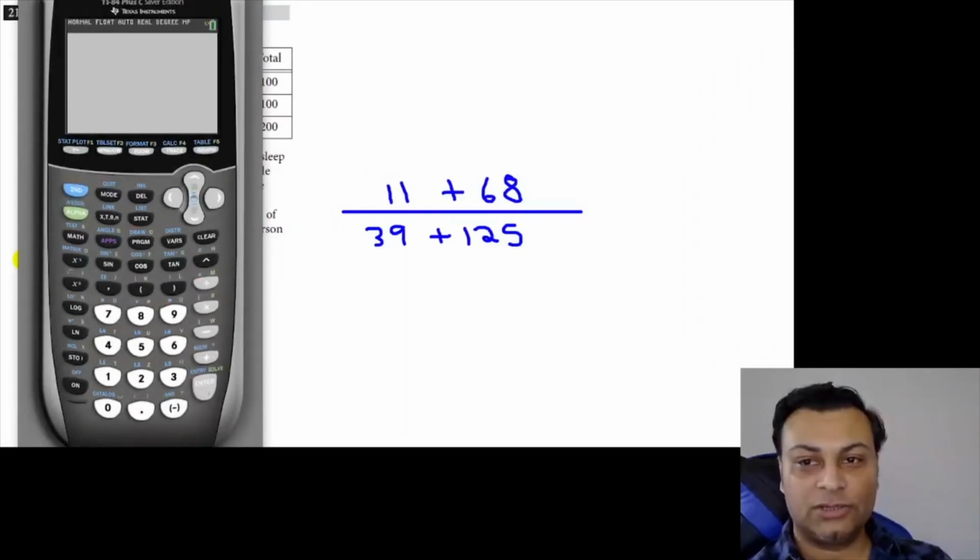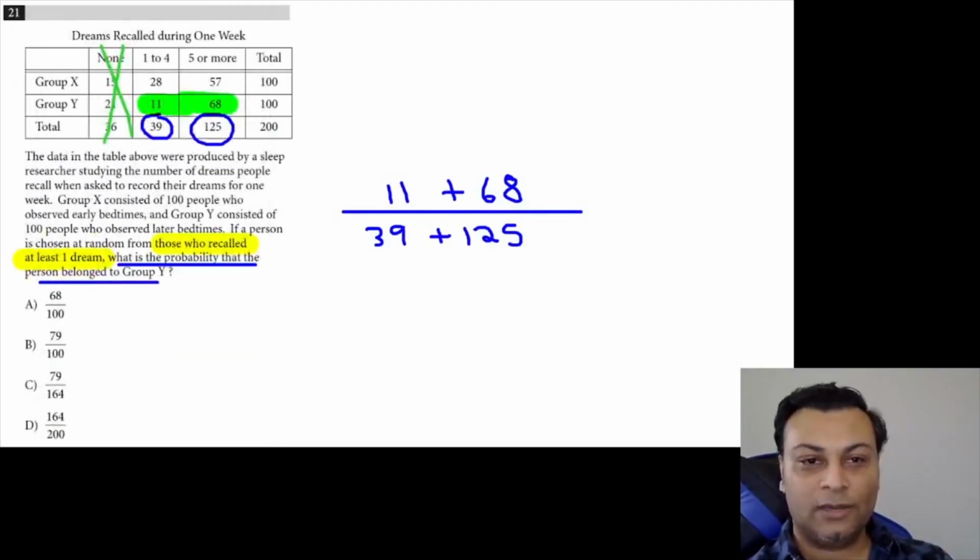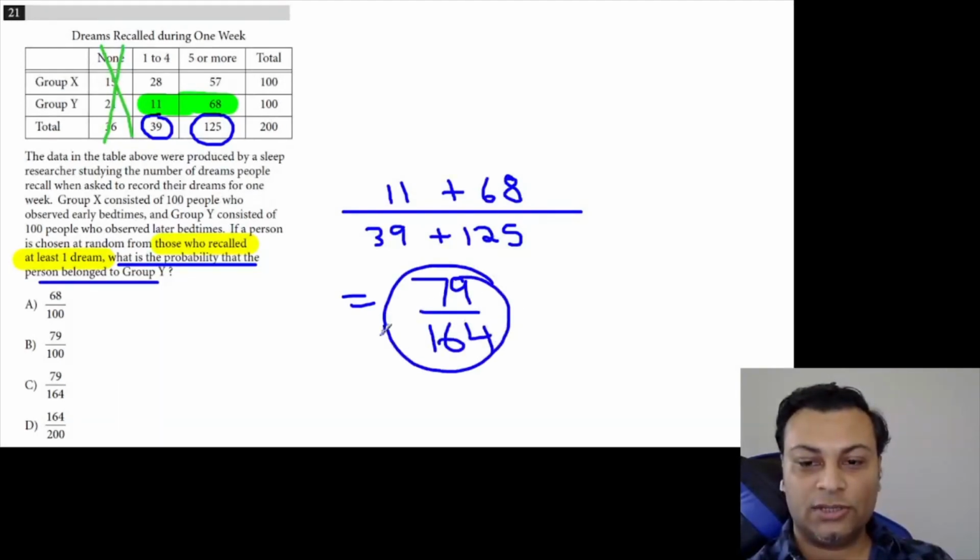Create a fraction: 11 plus 68 over 39 plus 125. You get an answer of 79 over 164, which is answer C. So that's the answer.